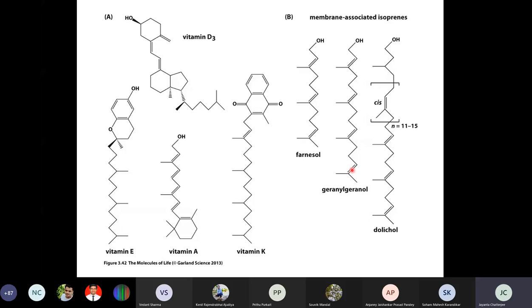Imagine there is a molecule that is freely rotating in the cytosol, and when the job is to be done, that molecule undergoes some modification that tethers, anchors that molecule onto the membrane.